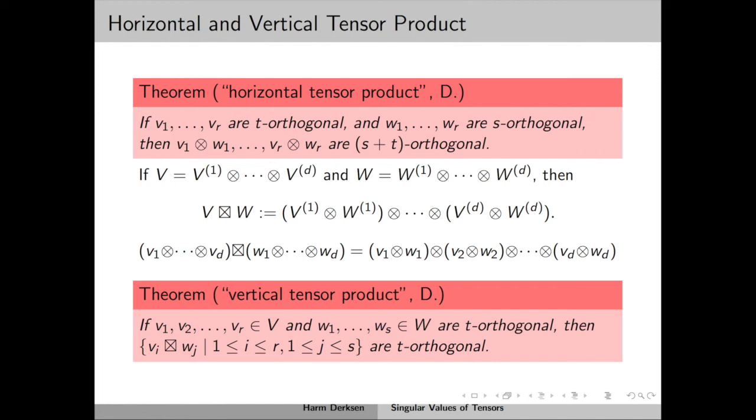So I use this sort of box tensor notation for that. Similarly, if you have a simple tensor in V and a simple tensor in W, then we can form this tensor product, and we view it as this V box tensor W there.